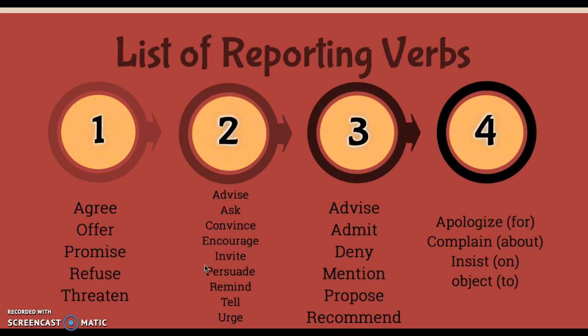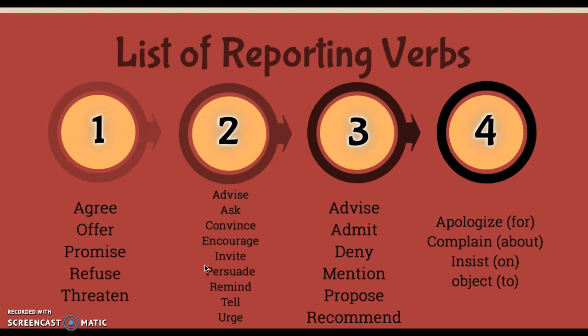In the second case, we have advise, ask, convince, encourage, invite, persuade, remind, tell, urge, and warn. In the third case, we have advise, admit, deny, mention, propose, recommend, and suggest.